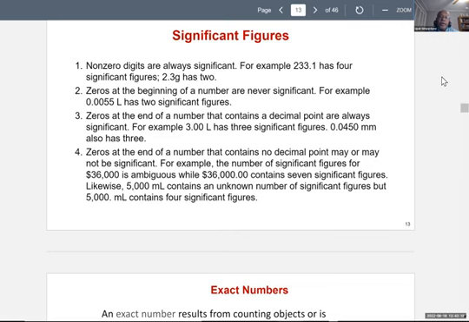So only the first number is significant. Therefore, it contains one significant figure. But to make all the numbers significant, you have to put a decimal point after 5,000. That makes them significant figures.